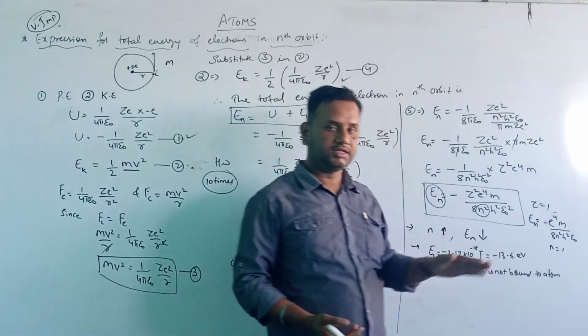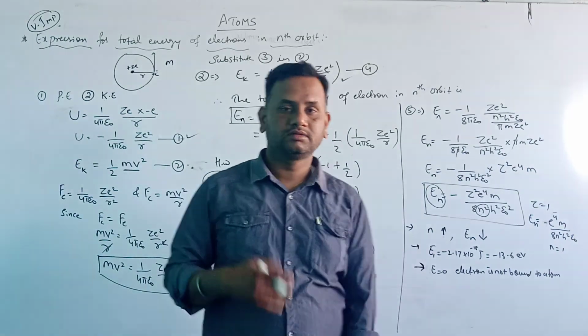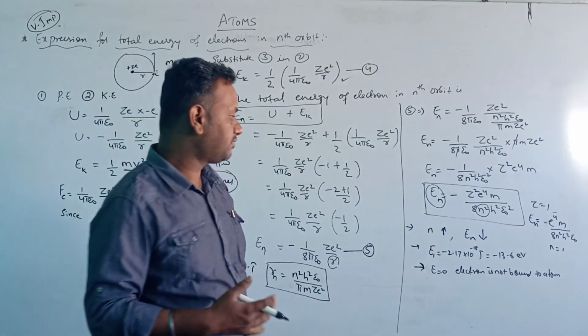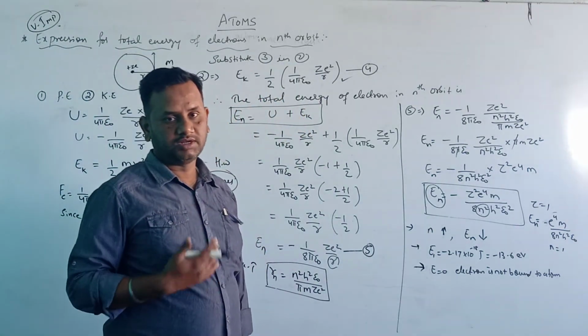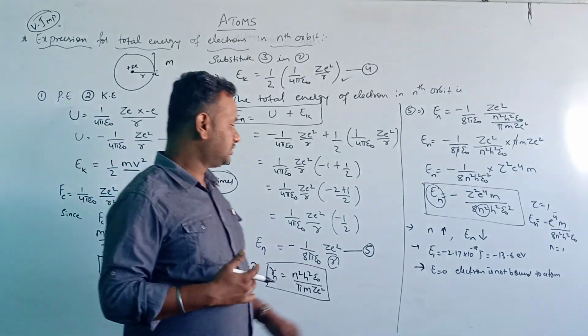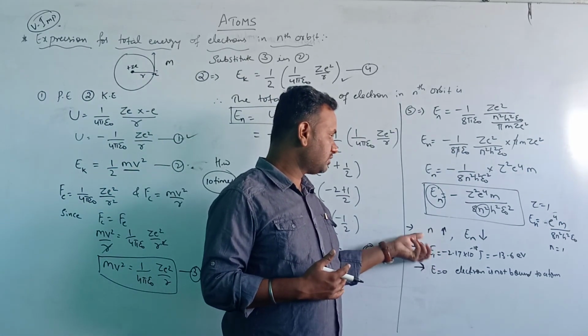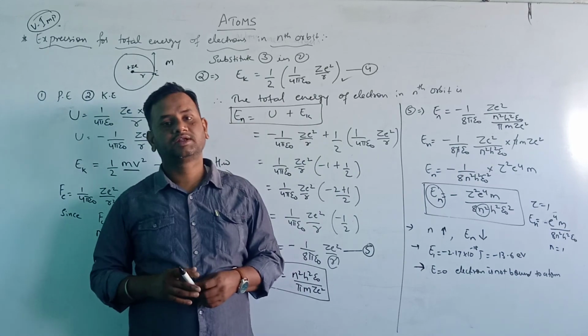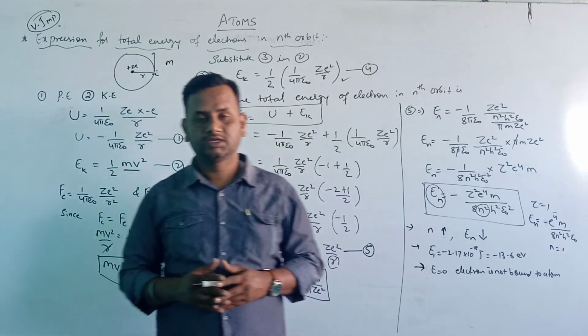Then I get the total energy of the second orbit, and so on for the third and fourth. So you should remember these points. In the next class, we will continue with the next topic. Okay, thank you.